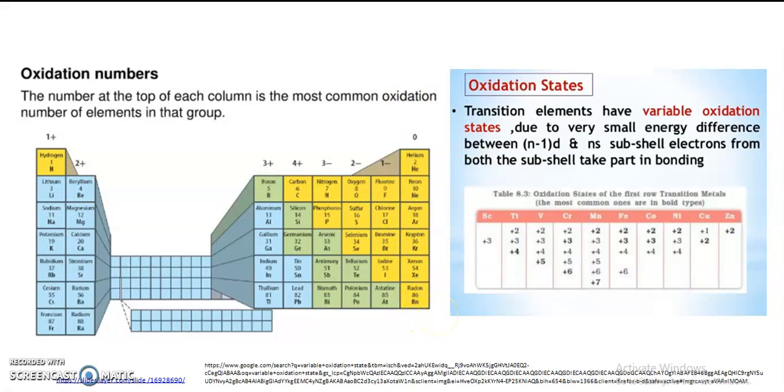Many elements show variable oxidation states due to very small energy difference between the (n-1)d and ns subshell electrons, because here both subshells take part in bonding. So here we can see manganese has higher oxidation states.